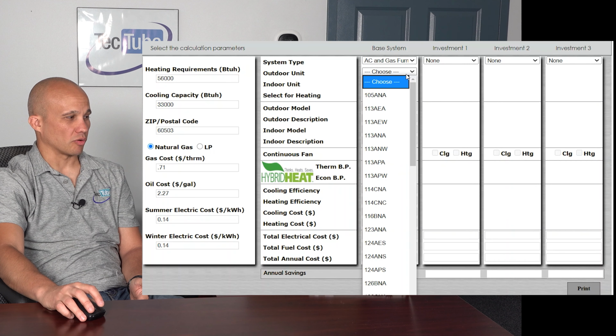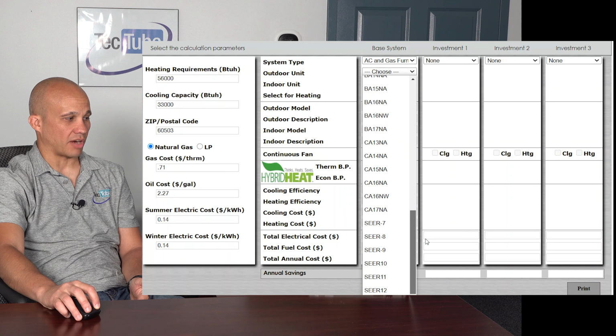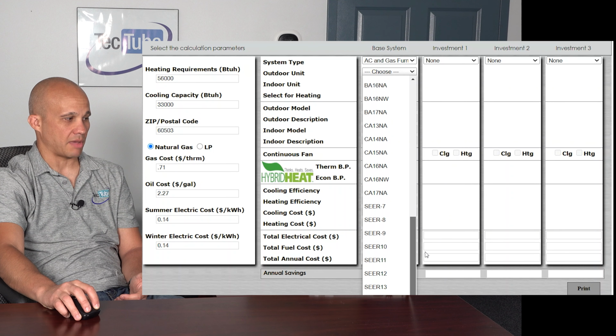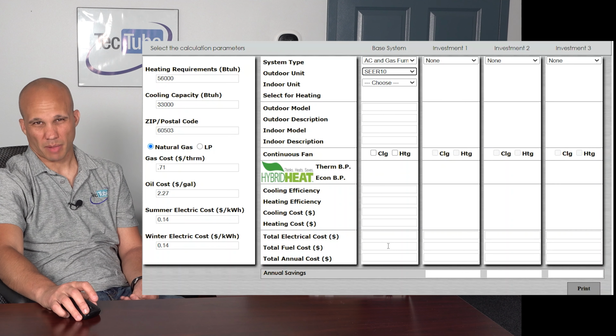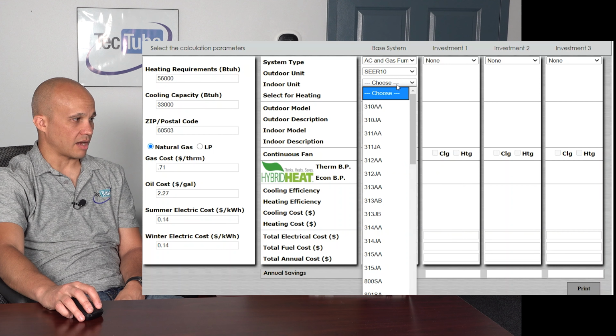Then I'm going to pick my outdoor equipment. I could pick it from the drop down of Bryant model numbers if I already have a Bryant unit. On an existing system, they may not have a Bryant unit or they won't have a current one. Or all the way at the bottom, I can pick regular old efficiency types. So let's say they have a 10 SEER unit, because nowadays the stuff you're replacing is probably 10 SEER. Then I'll pick my indoor unit.